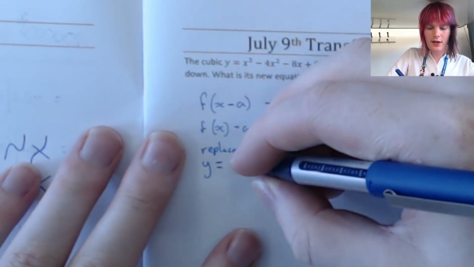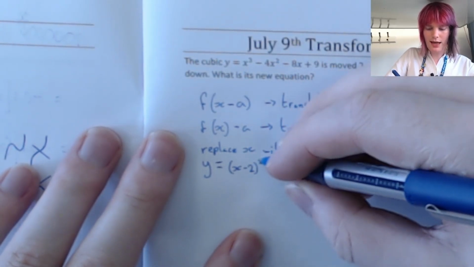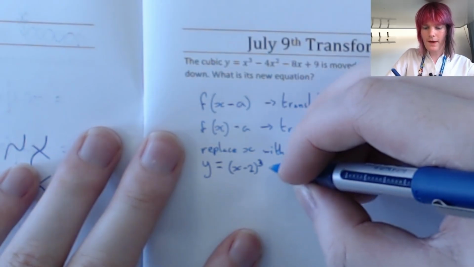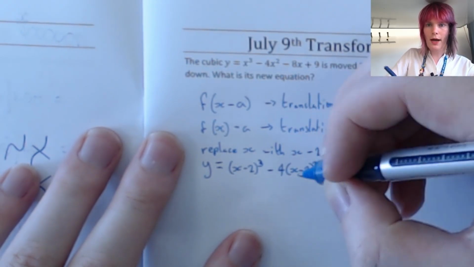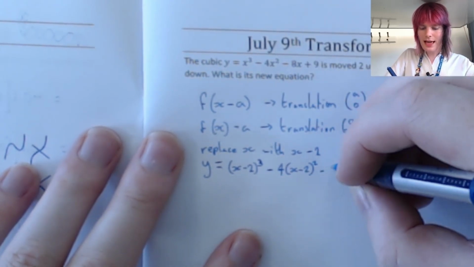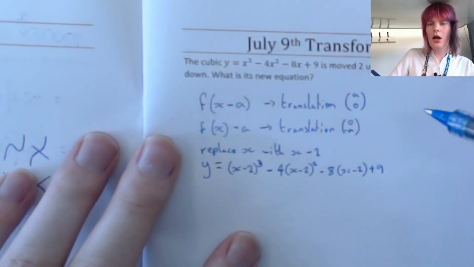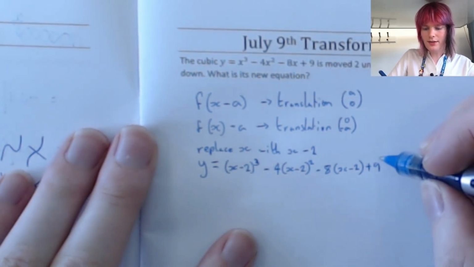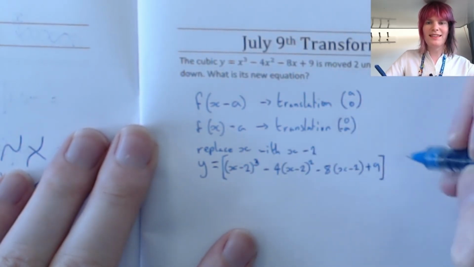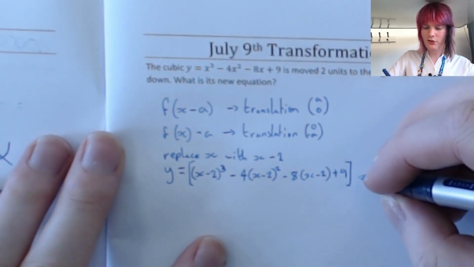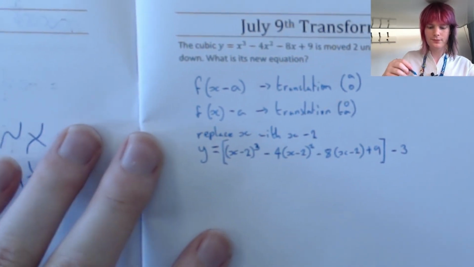So we get x take 2 cubed minus 4 x take 2 squared, take 8 x take 2 plus 9. And then to this whole thing, so we'll just pop this in some square brackets for the moment, this entire equation, we're going to subtract 3 to move it 3 units downwards.